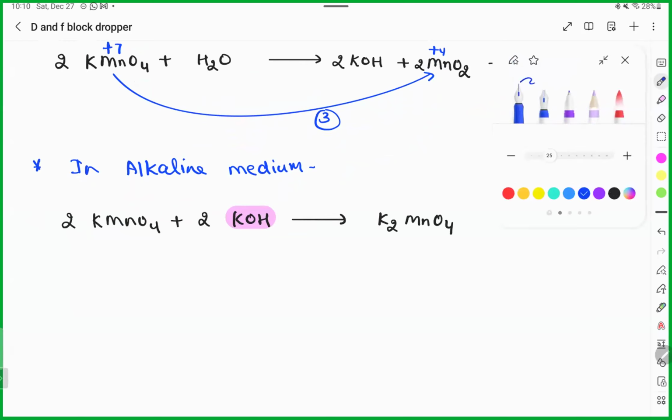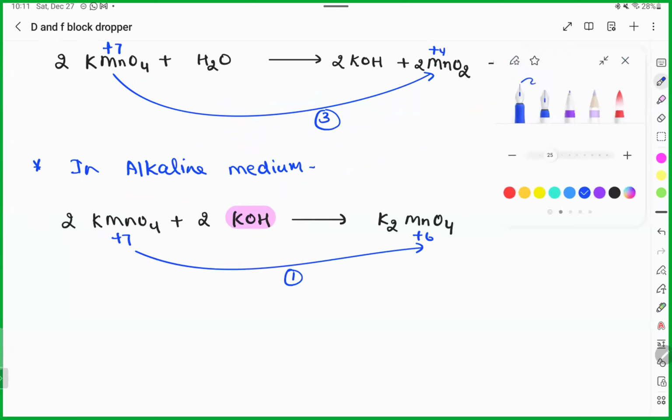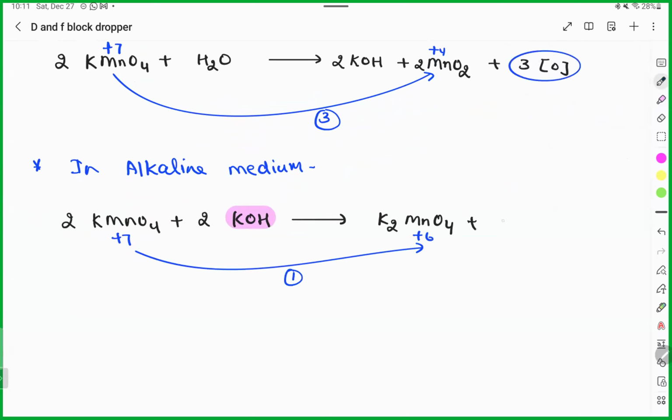As you can see here, it is plus 7, this is plus 6, a difference of 1. And that's why it forms H2O along with one nascent oxygen, because the difference is 1.